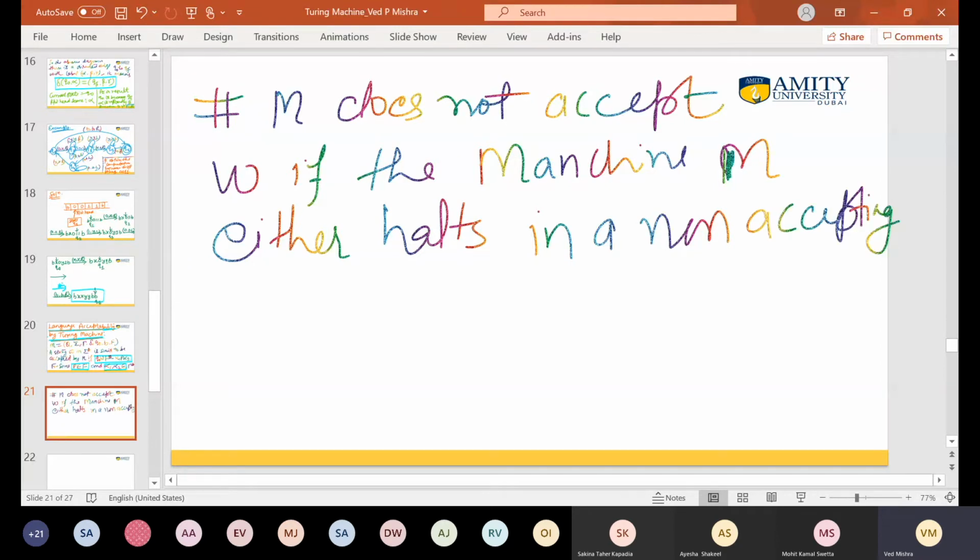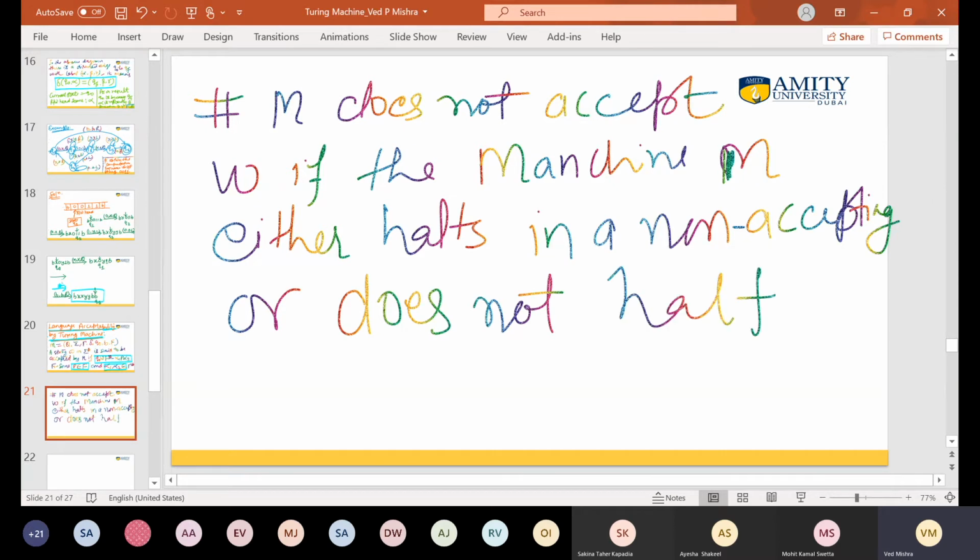When will you say it is a non-accepting state? If it is not a final state, or does not halt. So these are the two conditions, and these two conditions are possible or not?